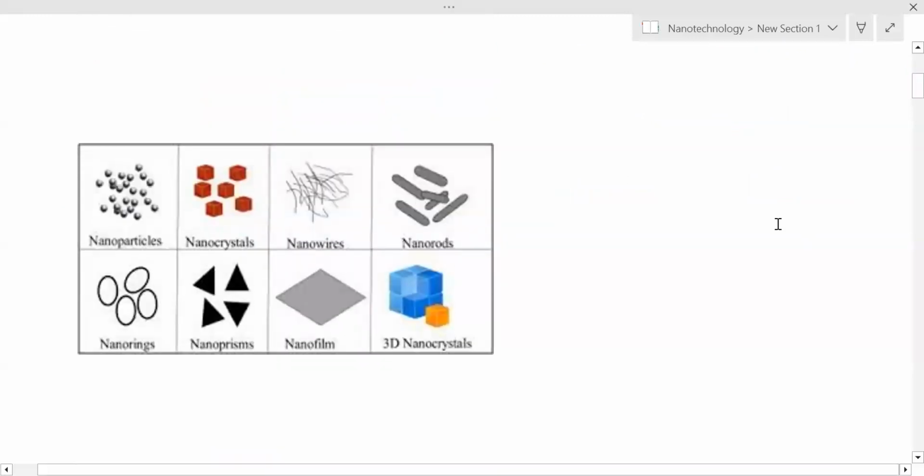It studies materials with dimensions in the range of 1 nanometer to 100 nanometers.